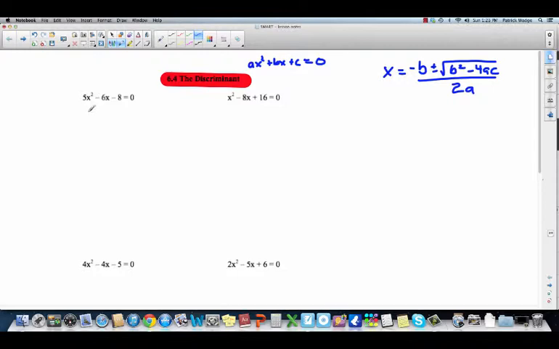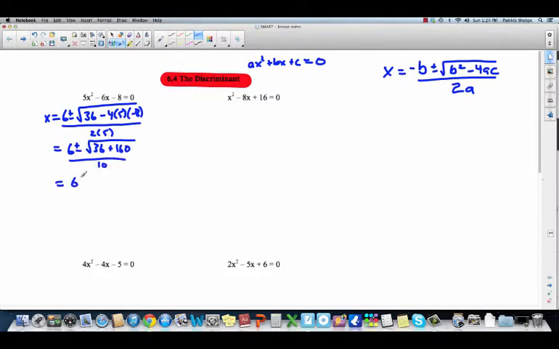So in this first one, x equals negative b, so that would be negative 6, or 6. X equals 6 plus or minus the square root of b squared, 6 squared, that's 36, minus 4 times 5 times 8. I guess 4 times 5 times negative 8, that's pretty important to have the negative 8, all divided by 2 times 5. I'm just starting to think this is going to take too long. So you get 6 plus or minus the square root of 36 plus 160, over 10.